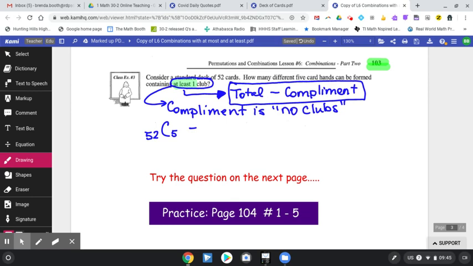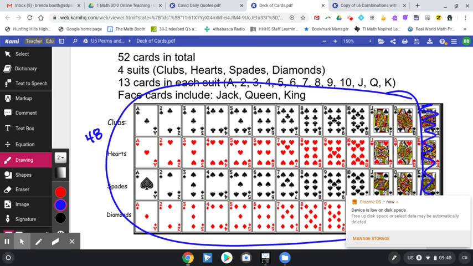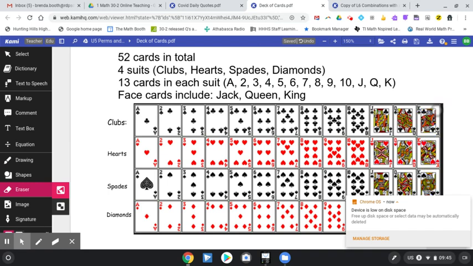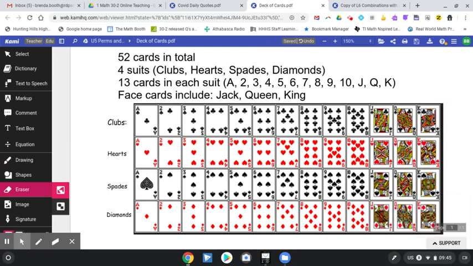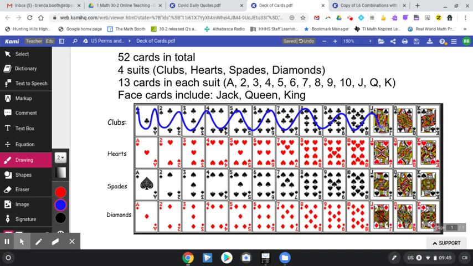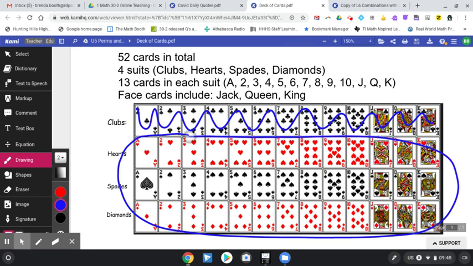All right, so for cards, look at your whole deck here. How many of these cards are not clubs? It's like we're saying, get rid of these clubs, and we'd be looking at all of these ones that are not clubs.